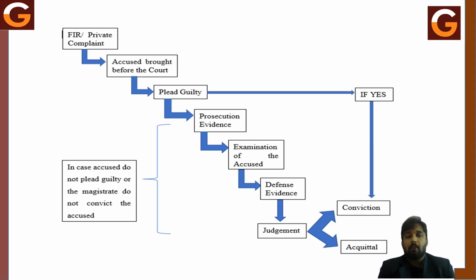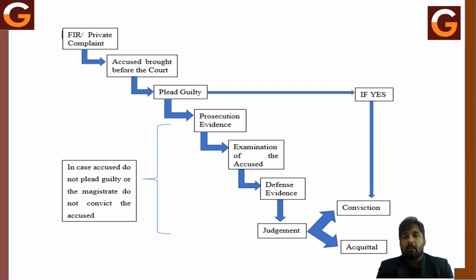In case the prosecution or the advocate of the accused does not plead guilty or accept the mistake, then the court will direct the examination of the accused in terms of evidence or statements made, or direct the police to carry out the investigation.